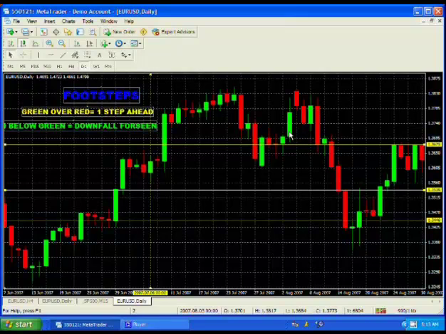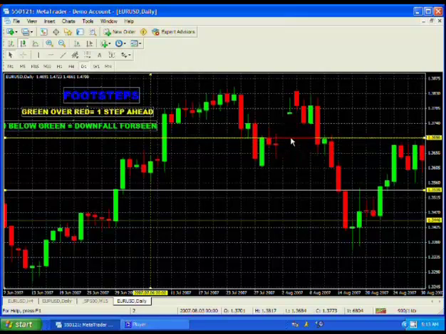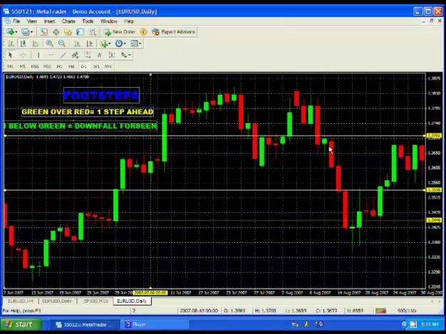Right at this bar. And so I'm going to conclude on that note as far as footsteps, because I'm sure by now you can see the power and the accuracy of it. And if you use nothing else, and right now I'm really talking about it just in regards to trend and pullback.